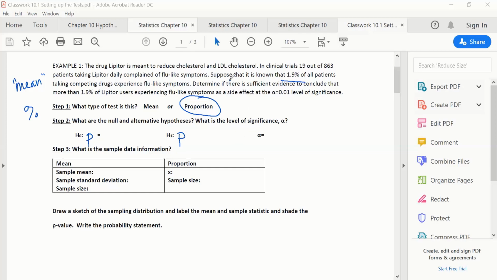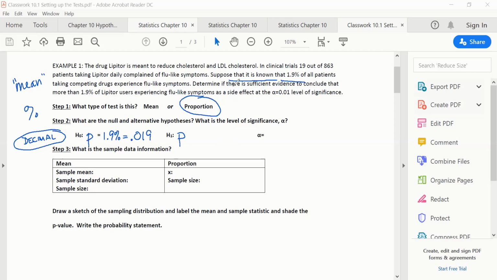So it is known that 1.9% of patients taking competing drugs experience flu-like symptoms. So that's going to be our P, our 1.9%. We're always going to write this as a decimal, 0.019. If you don't write it as a decimal, it messes up later in StatCrunch.